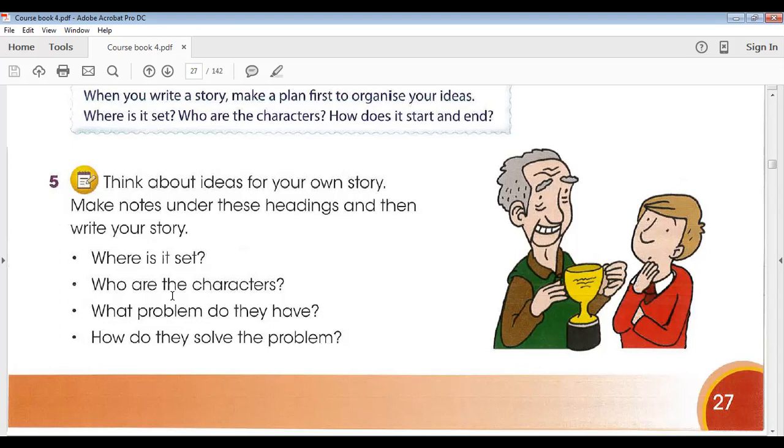So these are the important points that I mentioned and discussed during the lesson, and I encouraged the students to also include these different parts in their story writing. After that we wound up the lesson.